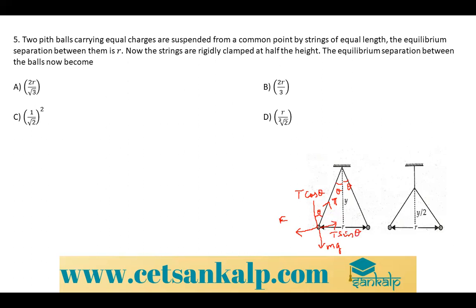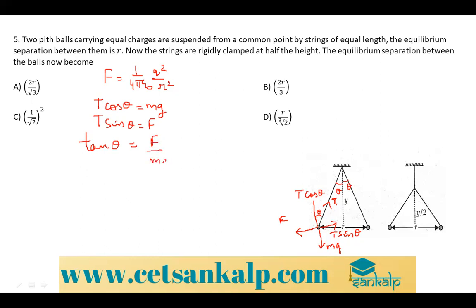The vector T can be split into two components. Now the force of repulsion is given as F is equal to 1 by 4 pi epsilon naught q square divided by r square. In the equilibrium condition, T cos theta is equal to mg and T sin theta is equal to F. Taking the ratio, tan theta is equal to sin divided by cos, F divided by mg.